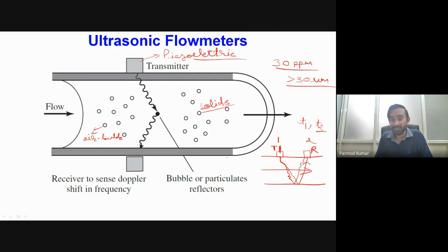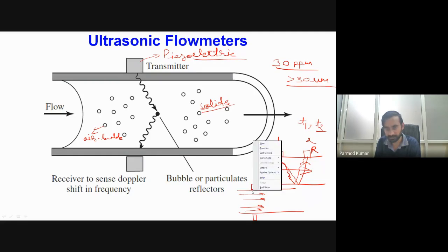One more configuration can be employed, and for that I am now drawing the top view of the pipe. Here we have some transmitters and some receivers on the opposite ends of the tube. While the flow is in this direction, first this acts as a transmitter, and some signal reaches this location.